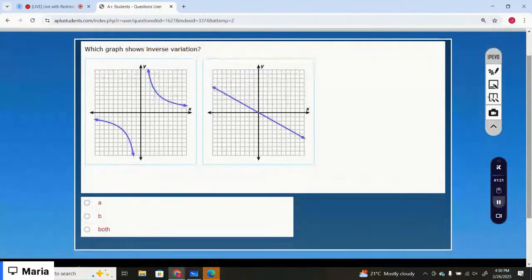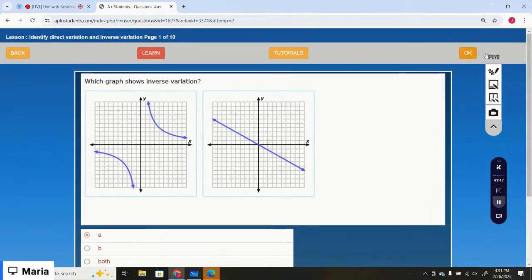Which graph shows inverse variation? A is the correct option, that is the inverse variation. Option number A is the correct option.